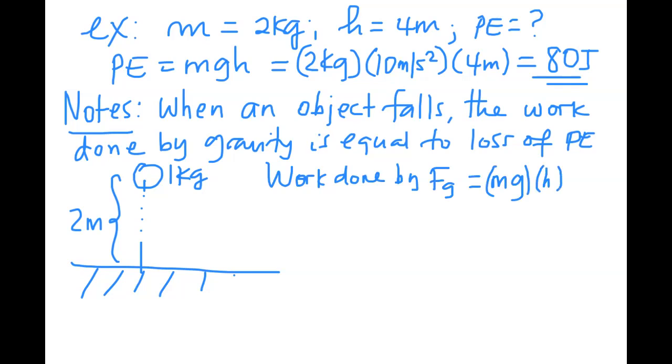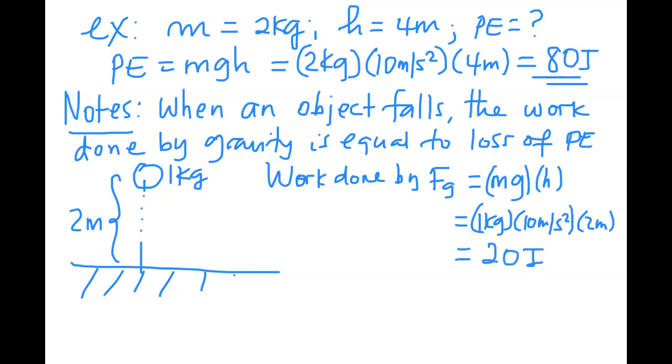So in this case, we have 1 kilogram times 10 meters per second squared times the height of 2 meters. This gives you the work done of 20 joules.